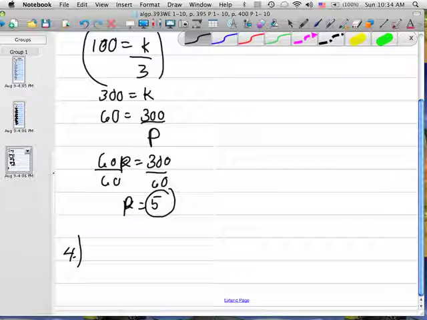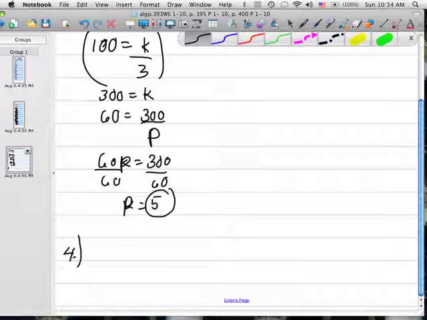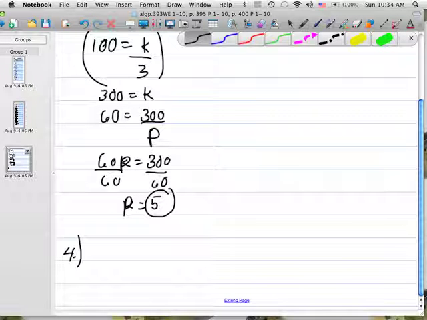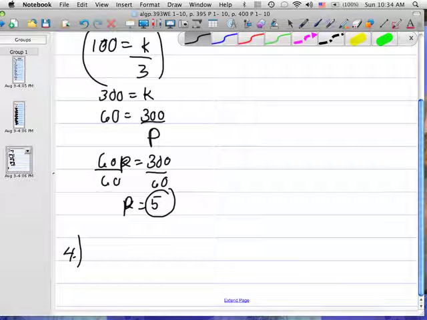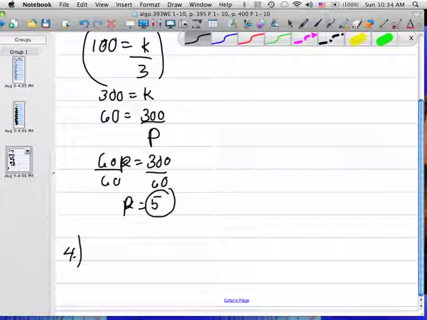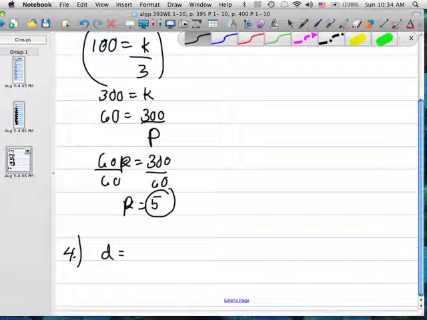Problem number 4. The winner of a race ran the distance in 45 seconds at an average speed of 9.6 meters per second. The runner who came in last finished in 48 seconds. What was the last runner's average speed? The distance ran varies indirectly or inversely as the time.